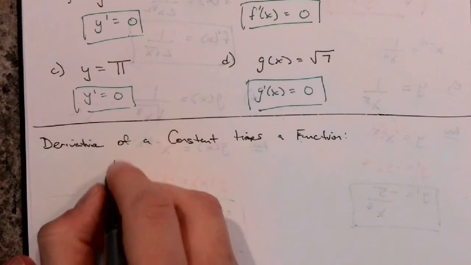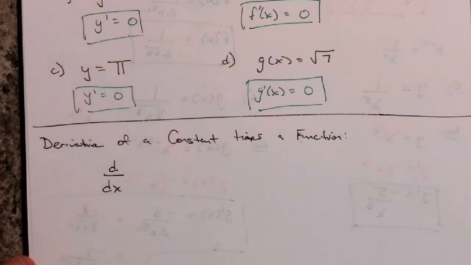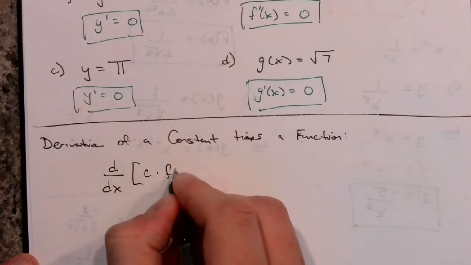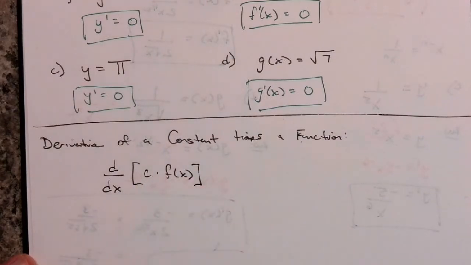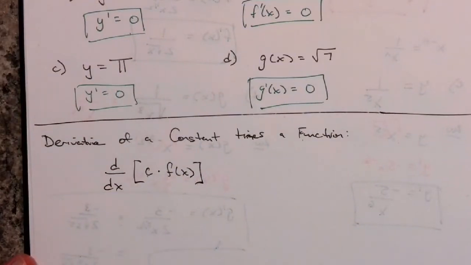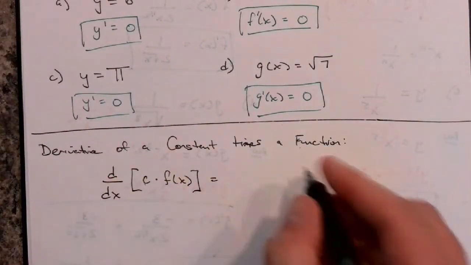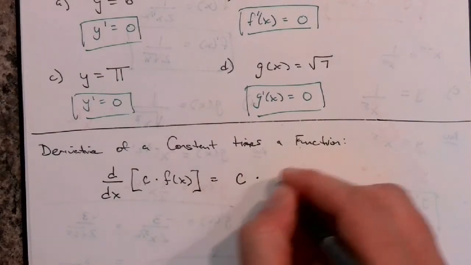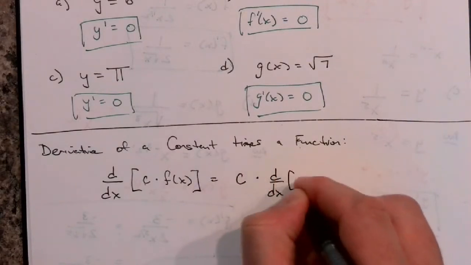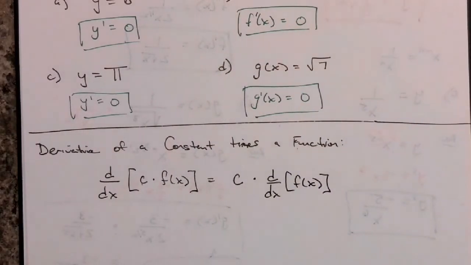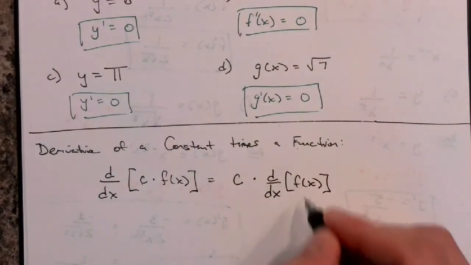So if I had the derivative, I'll call it d over dx, the derivative with respect to x of c times f of x. So a constant times a function, a number in front of a function, something with variables. What you can do is bring the constant to the front. So you can write it as the constant times the derivative of the function, the derivative with respect to x of f of x.